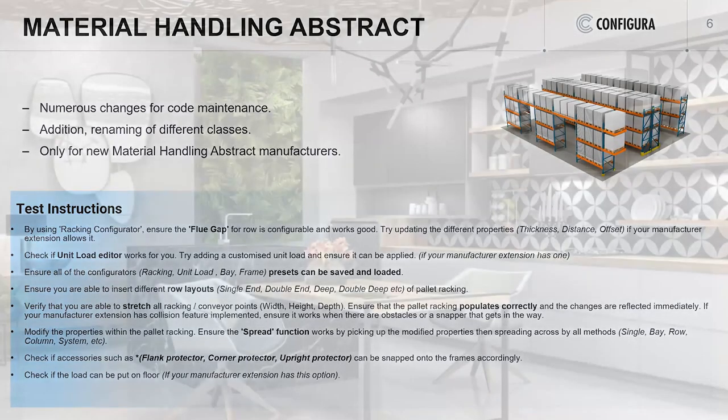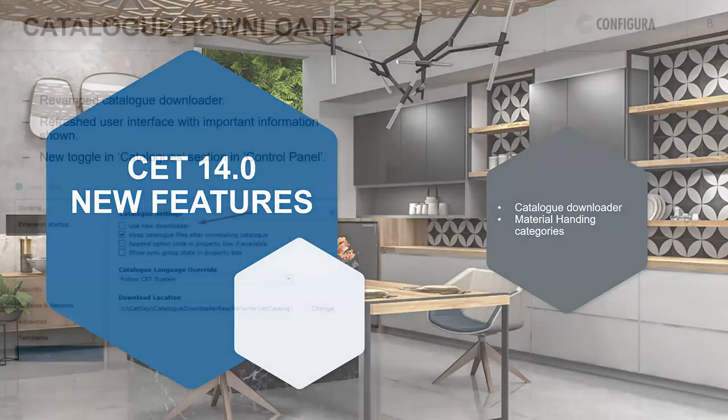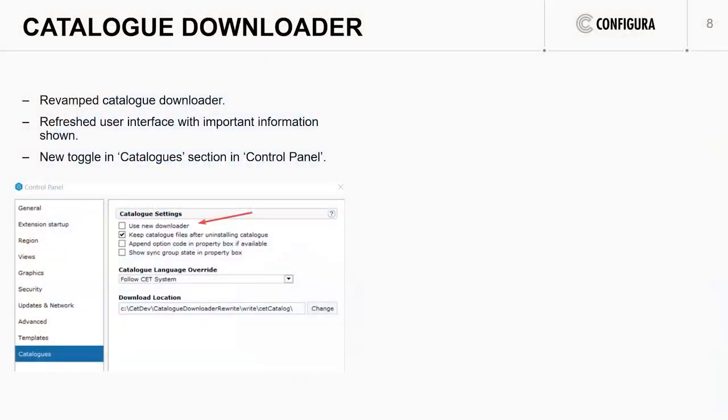So moving on, I'm going to be covering the new features in CT 14.0, and that would be the new catalog downloader and also material handling categories. One of the new features in CT 14.0 is the catalog downloader.